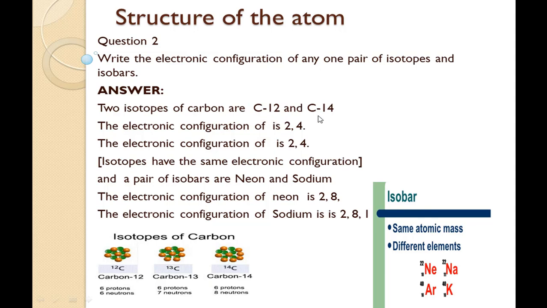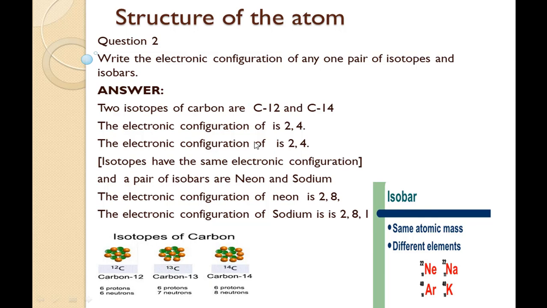What are this 12 and 14? They are mass numbers. One more is there. See from the picture, you can see carbon has 3 isotopes, carbon 12, carbon 13 and carbon 14. Commonly found isotopes are carbon 12 and carbon 14. Carbon 13 is very rare, okay? That is why it is not given in your textbook.